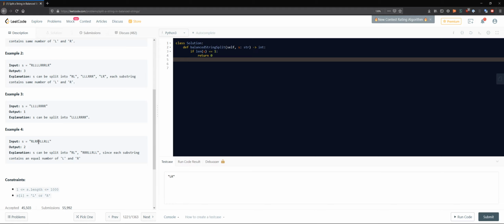What they did was they say S can be split into the first one, and then R, R, R, L, L, L, R, L, L. So the whole thing, since each substring contains an equal number of L and R. Okay, so they don't really even care about the order, they just want to count them.